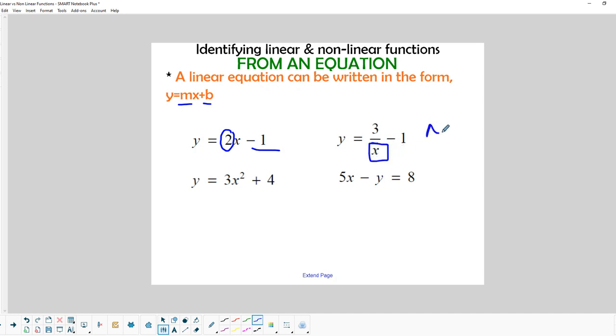So this would be nonlinear, because x is in the denominator over behind the equal sign. That one has an exponent on it. You can't have an exponent on it other than 1, which is what this one has. So this would be nonlinear.